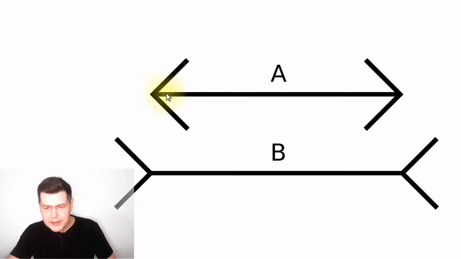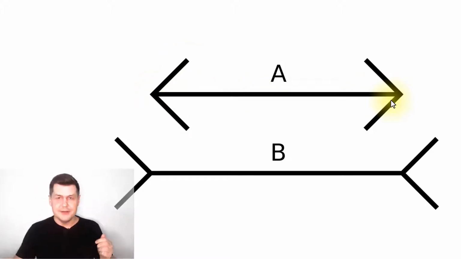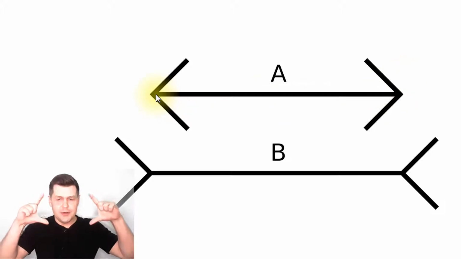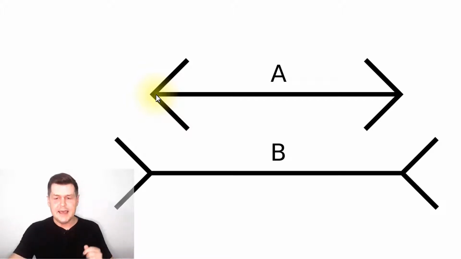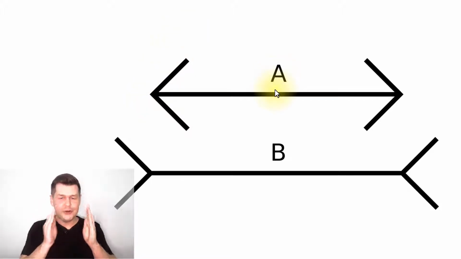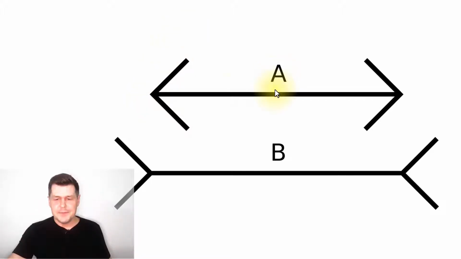And on the ends of line A, there are these lines that point inward. And those lines that point inward make line A look shorter to us. So these make line A look shorter, and these lines pointing outward make line B look longer to us.